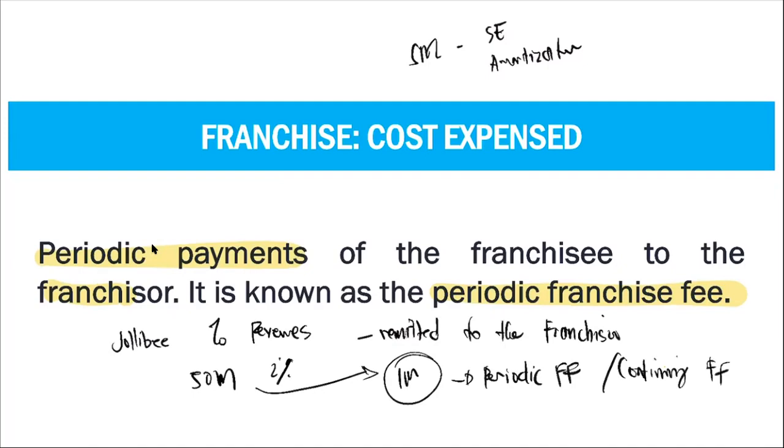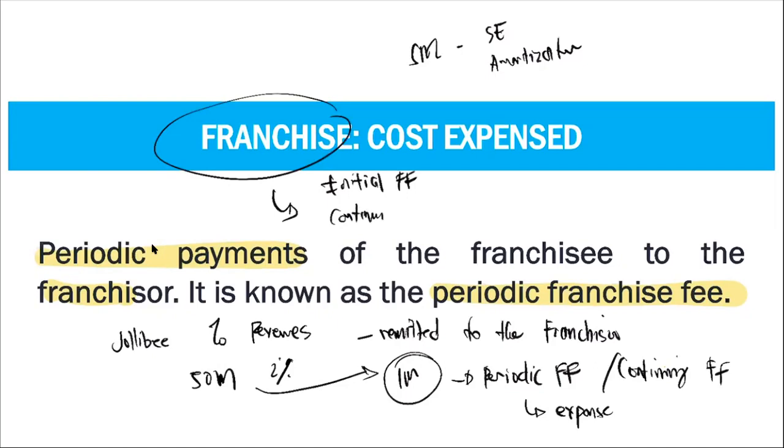What will happen to your continuing franchise fee or periodic franchise fee? You will expense it. So normally, guys, for problems concerning franchise, you will be given the following terms. We have your initial franchise fee and your continuing franchise fee. The initial franchise fee, this is the cost of the franchise.